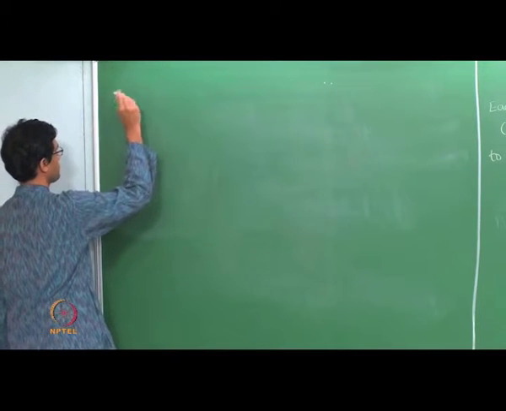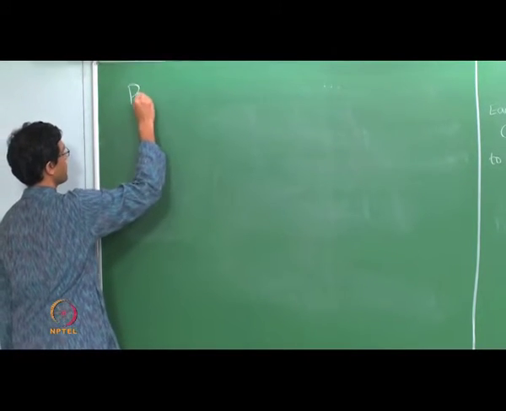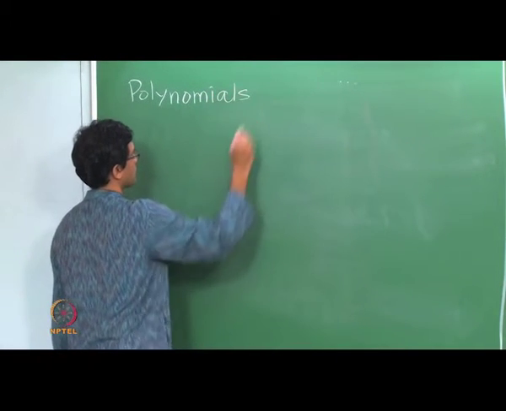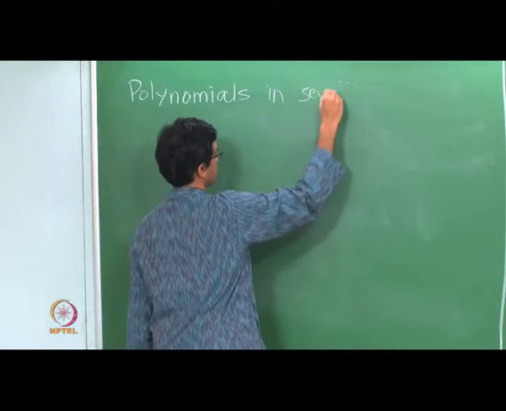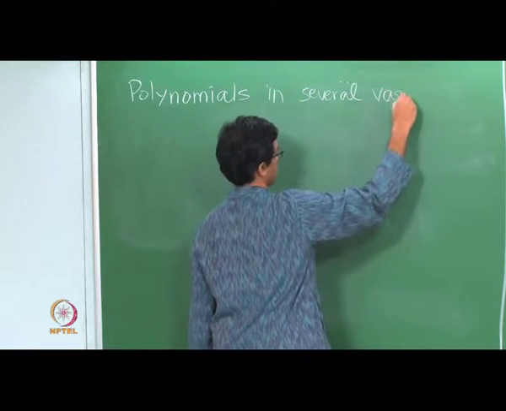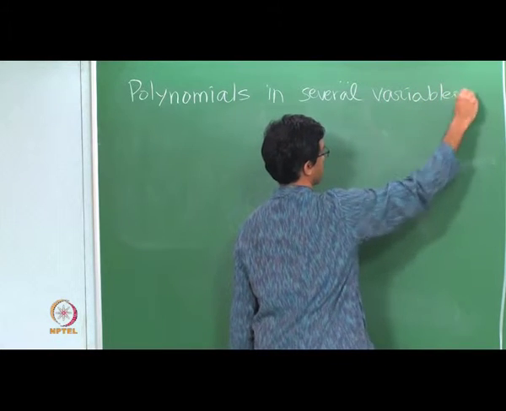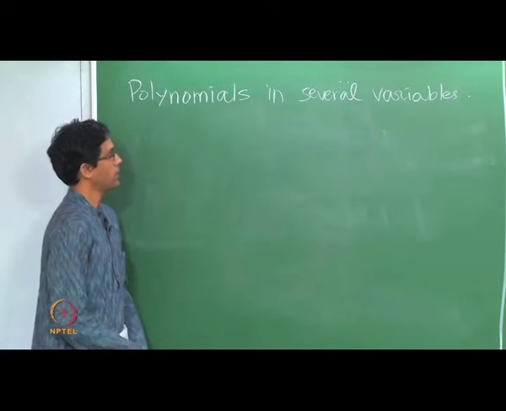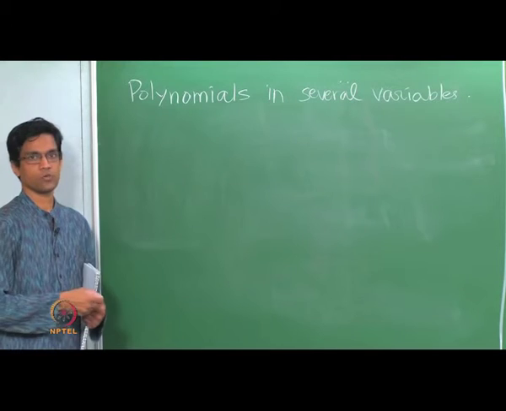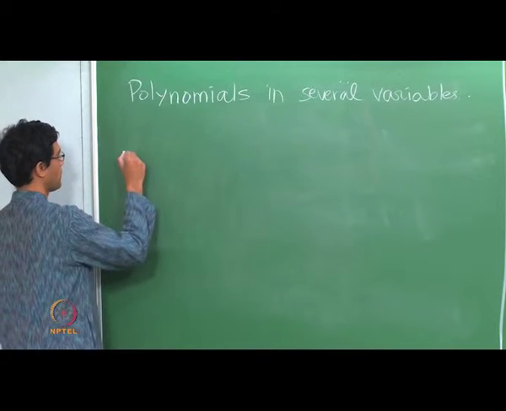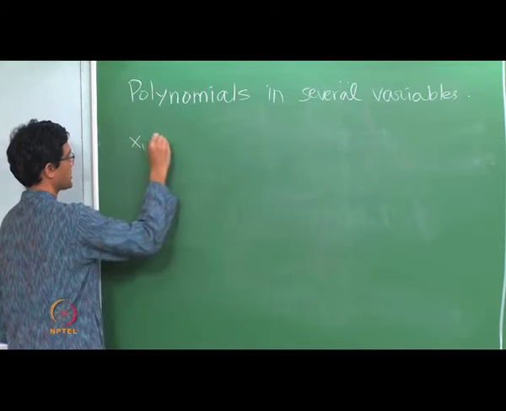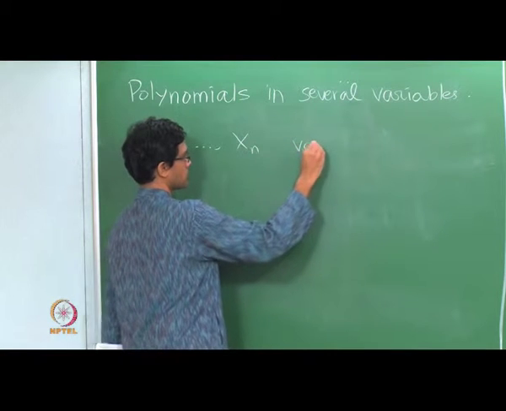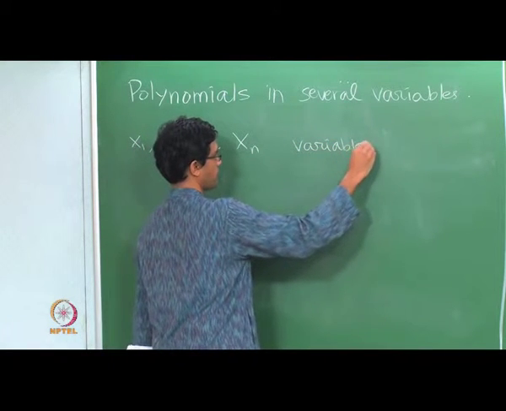Now let us look at another problem, going back to something that we talked about right in the beginning. Recall we talked about polynomials in more than one variable, and there we posed a counting problem. Suppose there are n variables, let us call them x1, x2, xn. We are looking at polynomials in n variables.